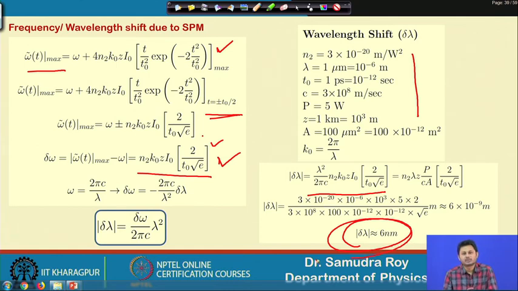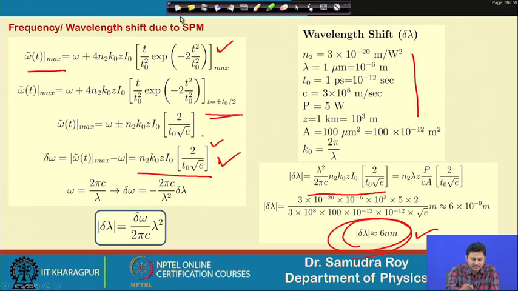So, 6 nanometer of wavelength will shift because of this, which is not that much, but we can increase it radically if I increase the power or reduce the corresponding area. If I reduce the area, the nonlinear effect will increase radically, and this value can change up to many nanometers. But for the given values you will find that this will be around 6 nanometer.